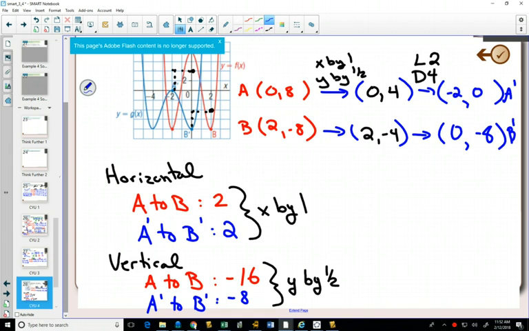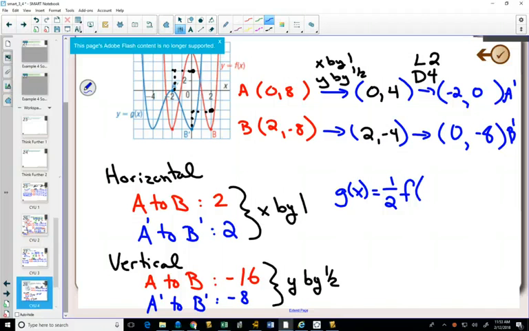So now we can write the equation of the blue graph in terms of f. Notation-wise, what's our blue graph? Our blue graph is g of x. So g of x is equal to, in terms of f, now we can take the data that we have and show it. Y by a half would be outside of my function.